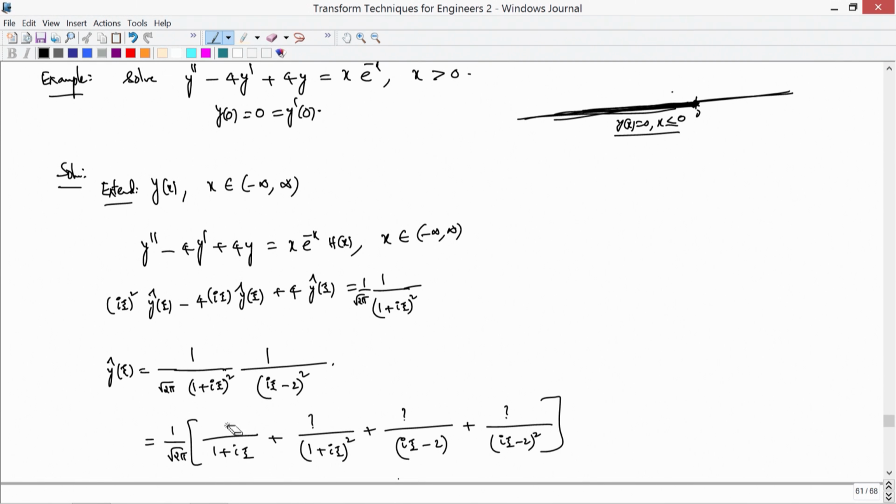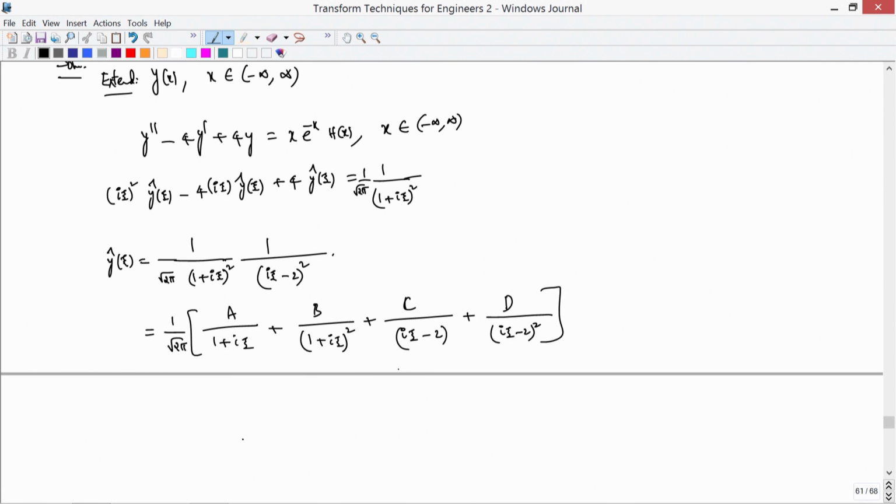If you make these numbers A, B, C, D and equate the coefficients by the partial fraction method, I will write directly: it is going to be 2 by 27, 1 by 9, minus 2 by 27, and 1 by 9.